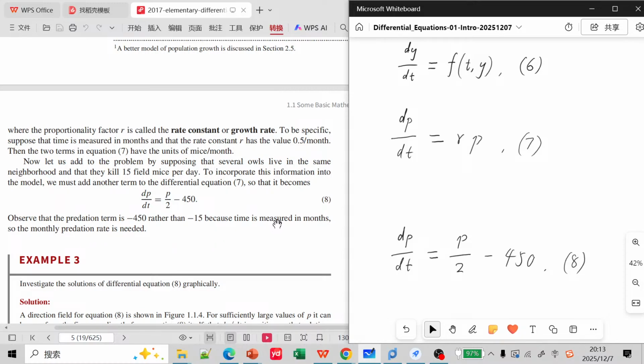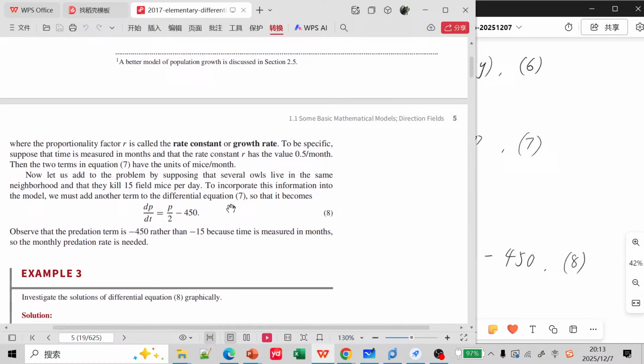So maybe now let's figure out what's happening here. To be specific, suppose that time is measured in months and that the rate constant r has the value 0.5 per month.